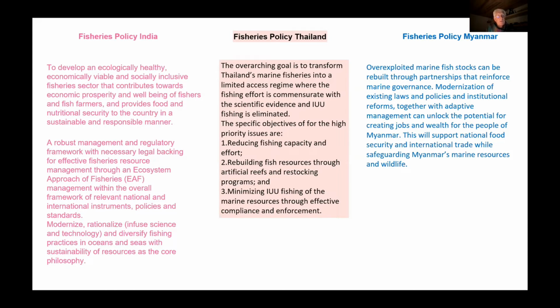A robust management and regulatory framework with necessary legal backing for effective fisheries resource management using an ecosystem approach to fisheries management. Modernize, rationalize, and diversify fishing practices in oceans and seas with sustainability of resources as the core philosophy.